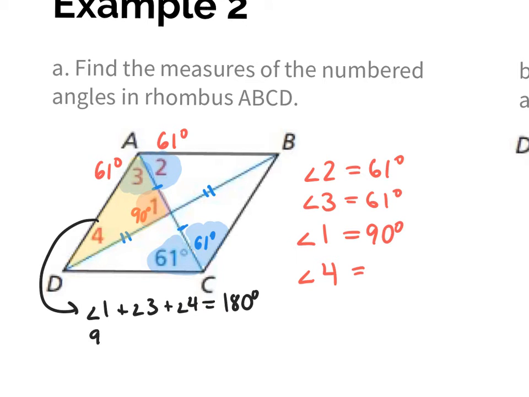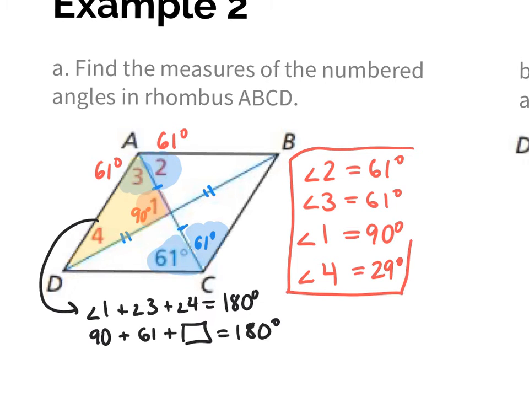So if I know that angle 1 is 90 and I know that angle 3 is 61, I want to know what angle measure would give me 180 degrees. By doing some algebra, I know that this angle must be 29 degrees. Okay, so angle 4 would have to be 29.